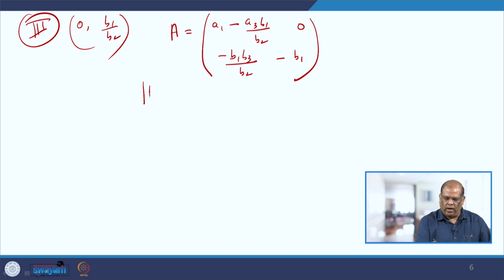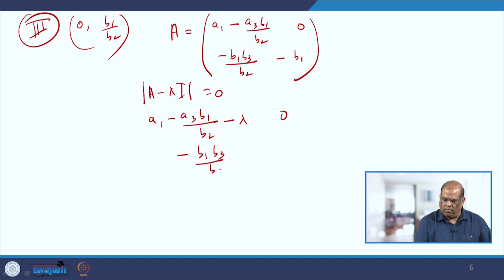Again, if you want to find the eigenvalue, you will get a1 minus a3 b1 by b2 minus lambda, 0, minus b1 b3 by b2, minus b1 minus lambda.